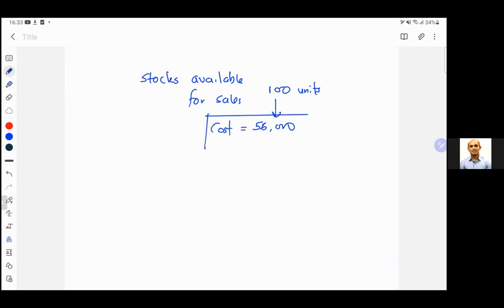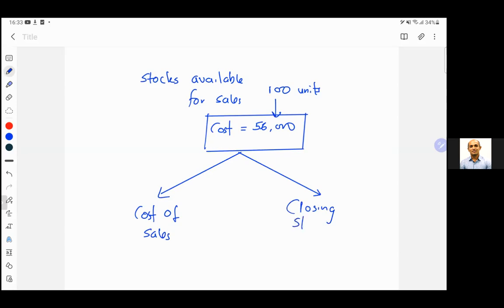This 56,000 cost you allocate between cost of sales and closing stock.